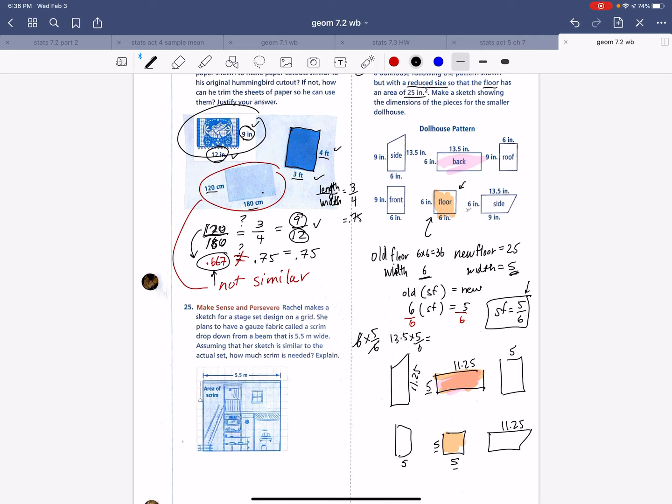Another dimension I need is this 9. 9 times my scale factor, 5/6, 9 times 5 divided by 6 is 7.5. So wherever I see the 9, I'm going to put 7.5. And that's it.